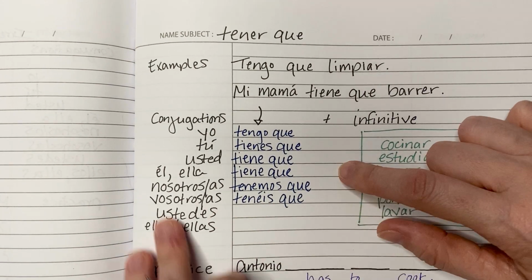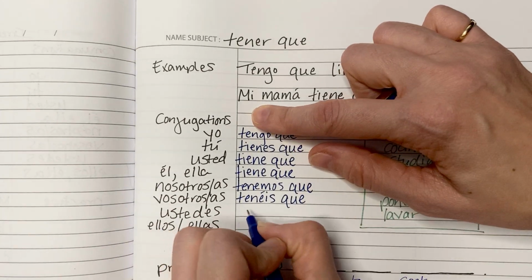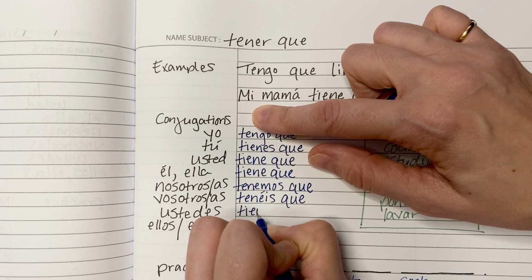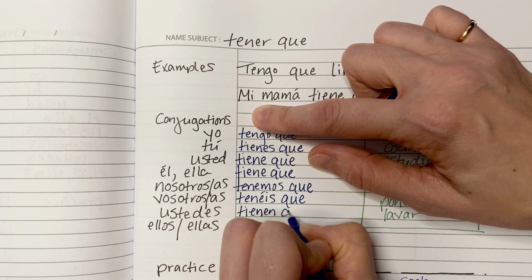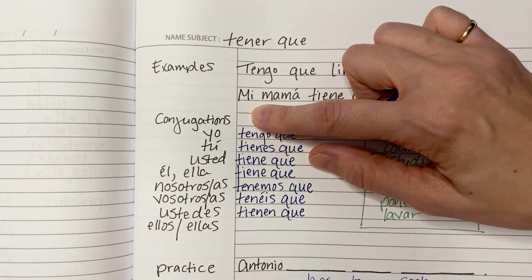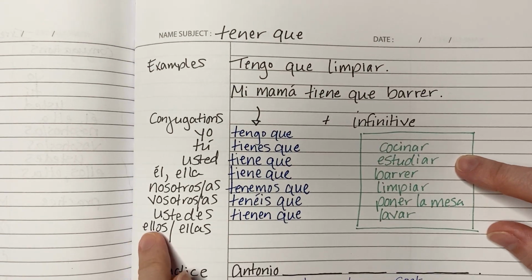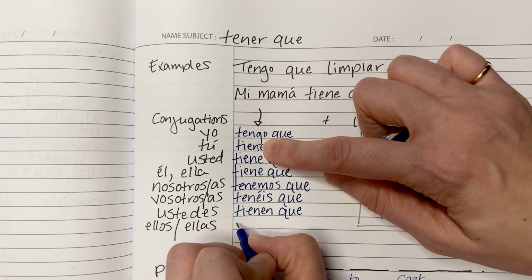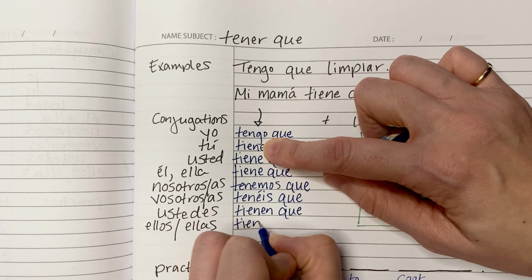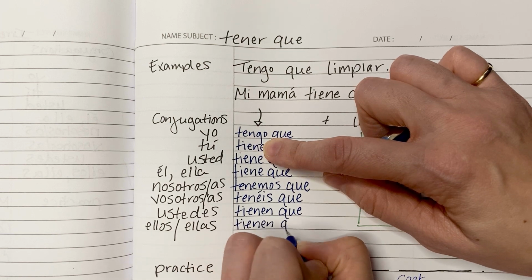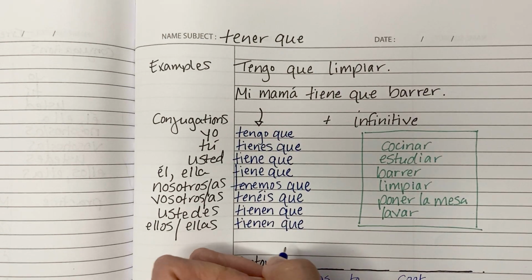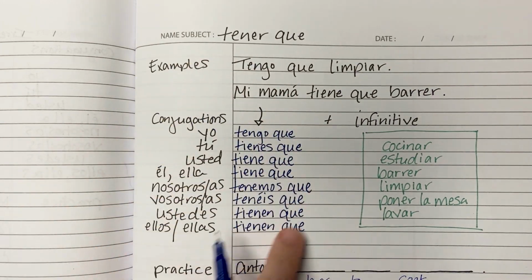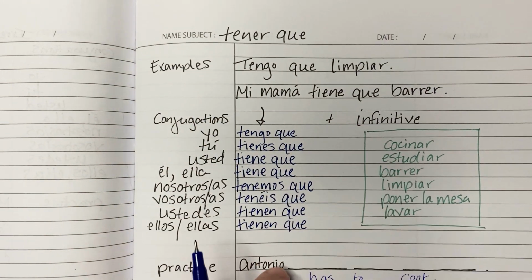If I were in Mexico using the ustedes form, I'd say ustedes tienen. Okay. And they have to, ellos or ellas if it's a group of girls, tienen. Okay.